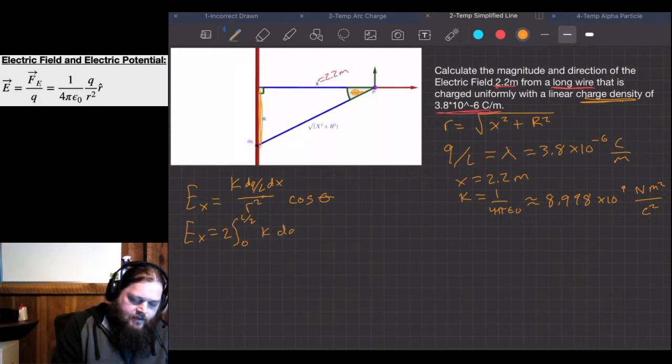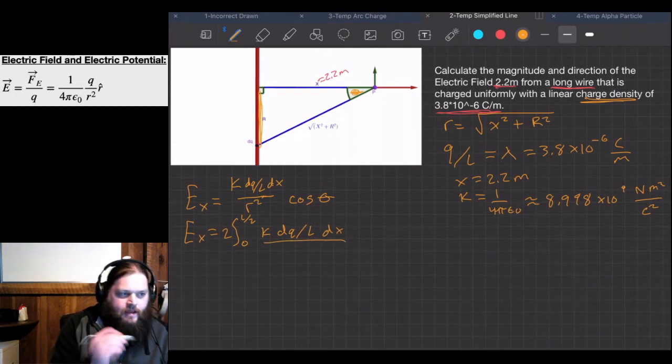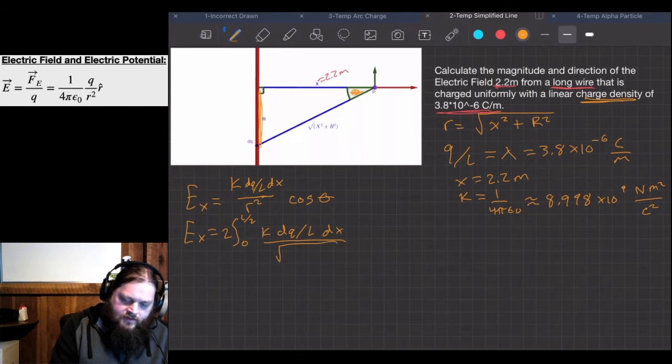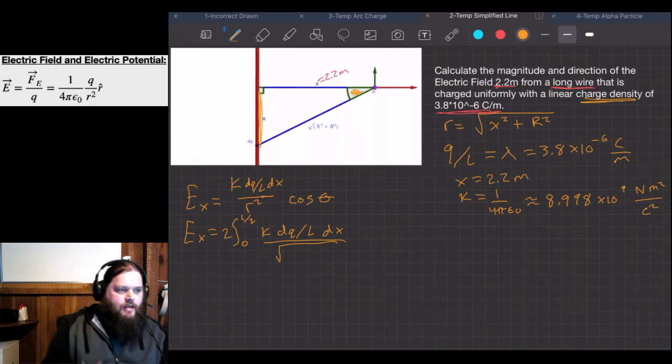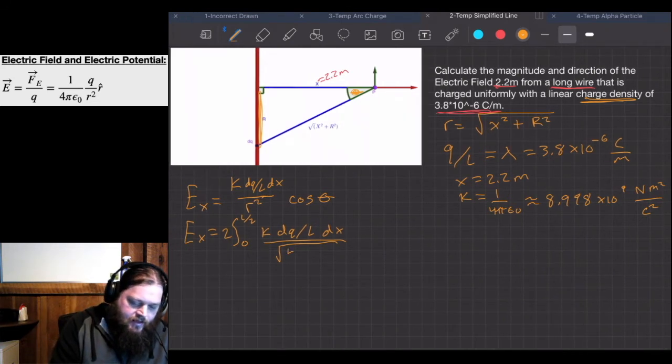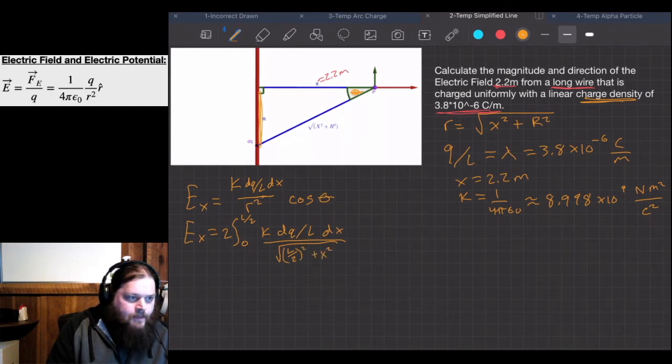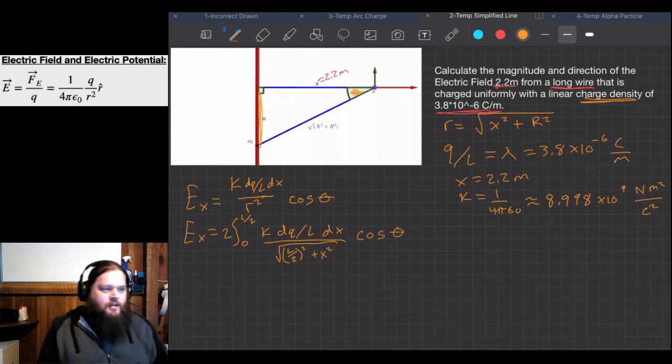That's k dq over L dx divided by my radius, the square root of L over 2 squared plus x squared, times cosine of theta.